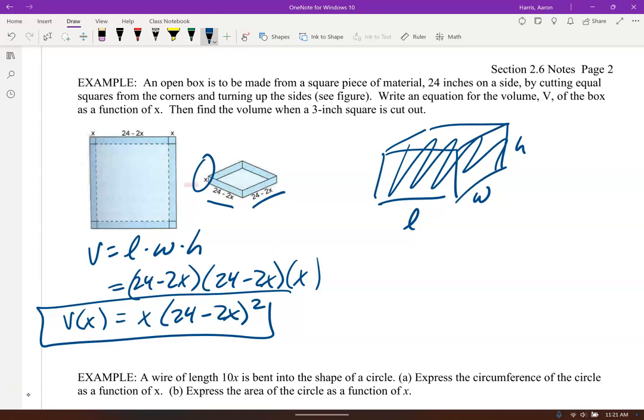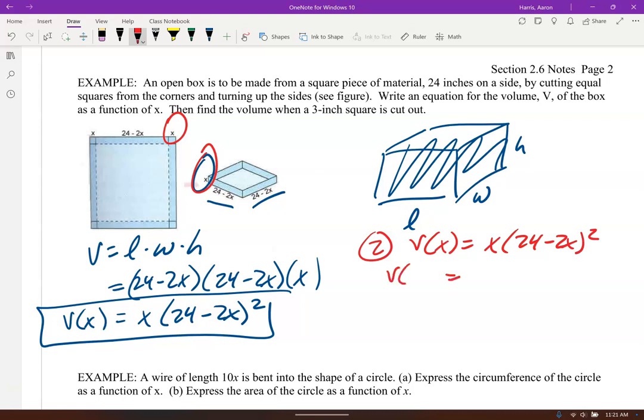Well, if we find the volume for a 3-inch square, so if this is 3 inches that's cut out, so the height is 3 inches, right, that we fold up, then what would the volume be?